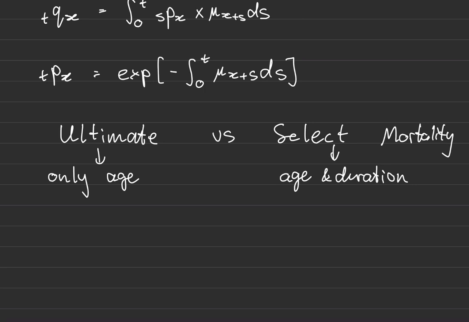Okay, and then select mortality is also saying that it's not just age that's going to affect this person's mortality, it's also going to be the duration since some specific event. And generally this specific event that we're going to be talking about is since policy inception. So since the policyholder takes out his policy with the insurance company. Now, why do we do this?